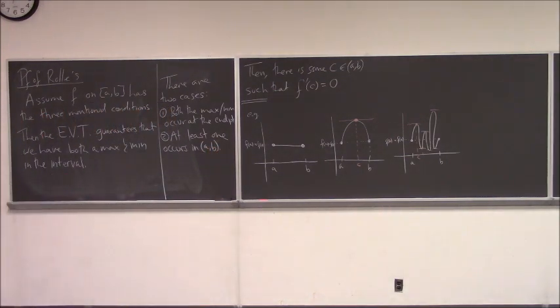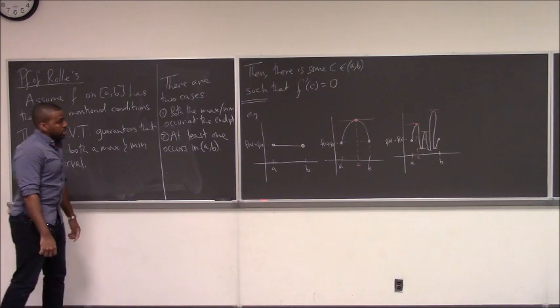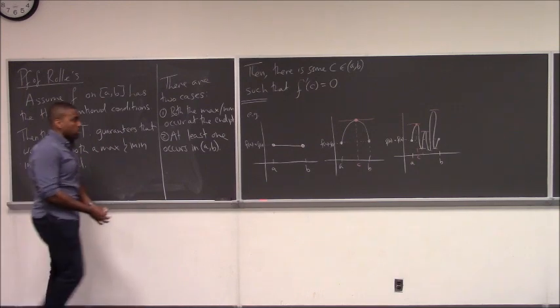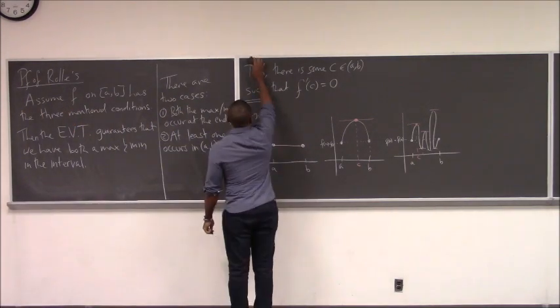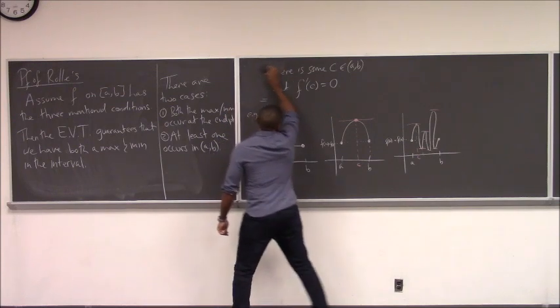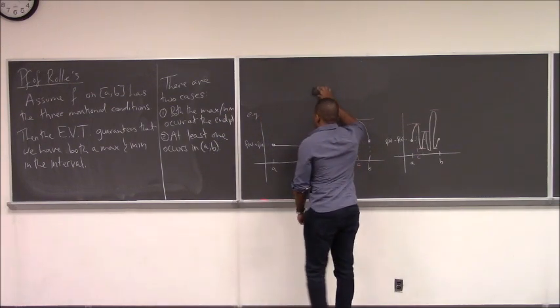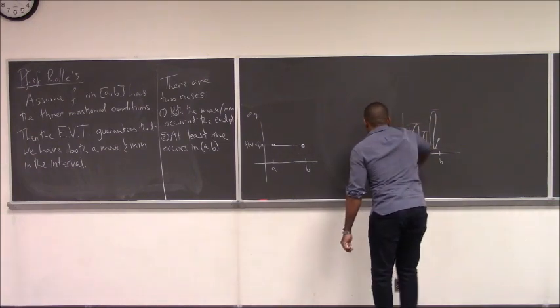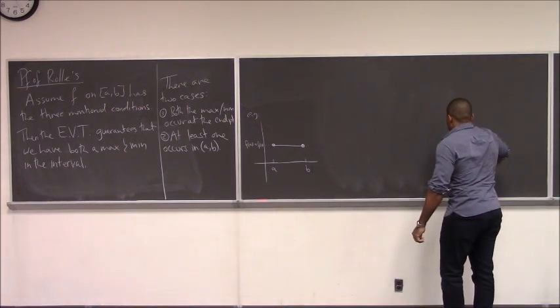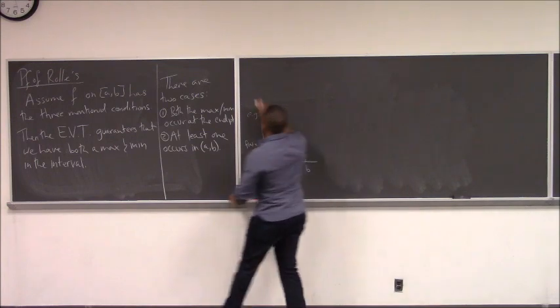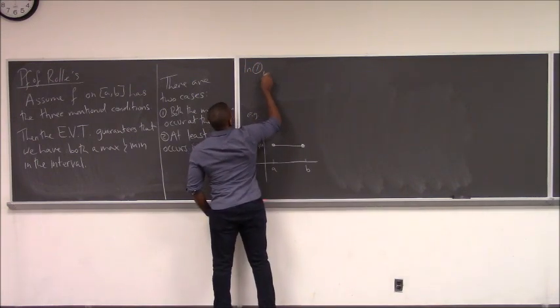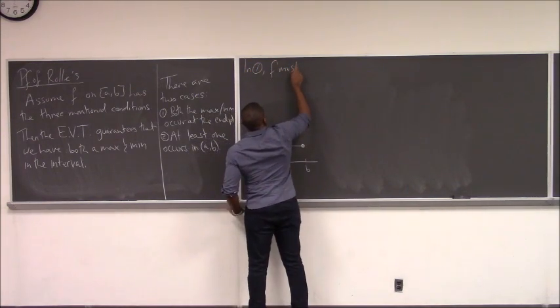We're guaranteed to have both. They could show up at the endpoints. We've actually looked at that in last class when we were talking about absolute max and mins. Could have both the max and min at the endpoints, or one or the other, or both are inside the interval. Now, I'll leave this picture up here because I'm going to mention it. In one, f must be constant.